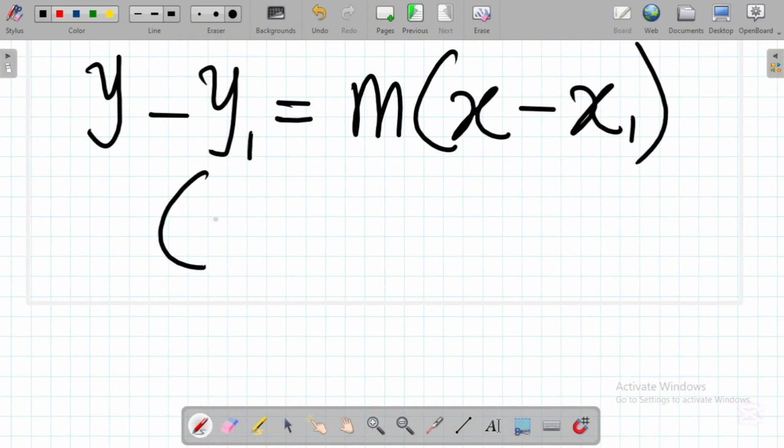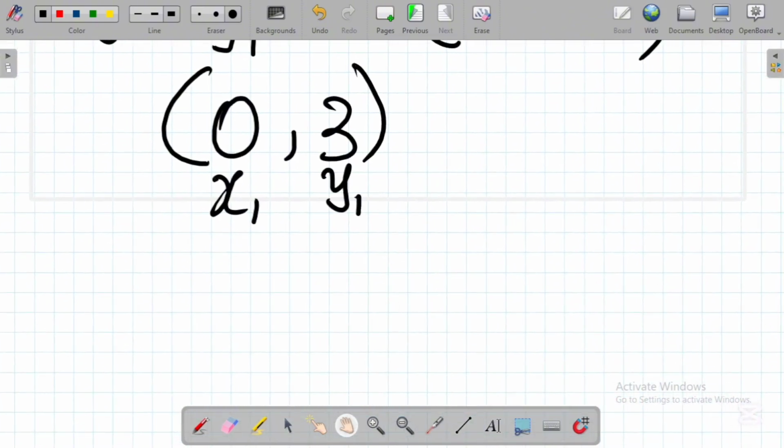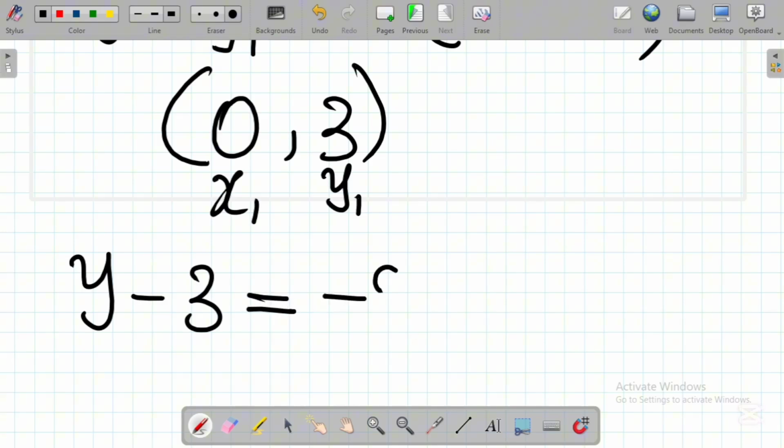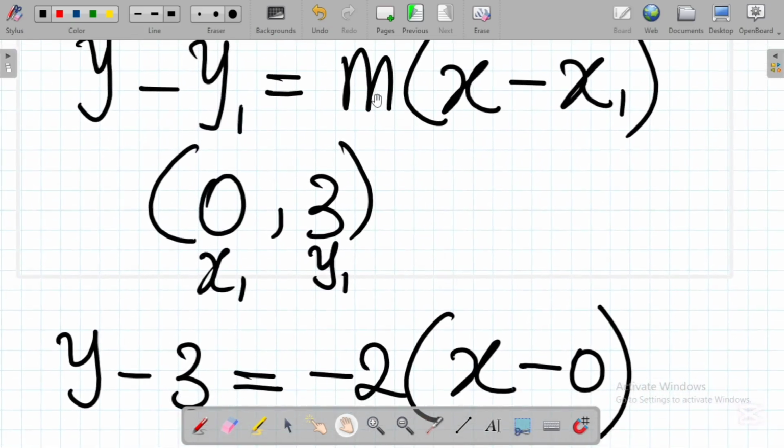In our question, we are given our coordinates as (0, 3). 0 is x1 and 3 is y1 in this context. So if we substitute into the equation, we will have y minus 3 is equal to -2 open bracket x minus 0 close bracket. Our -2 here is the gradient, which is m. We've calculated for it.